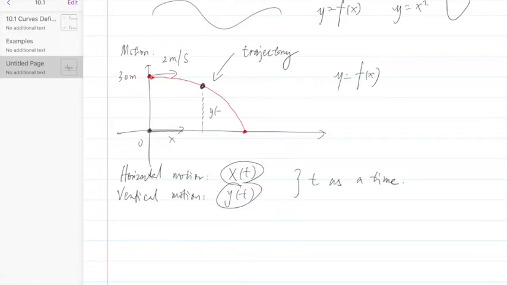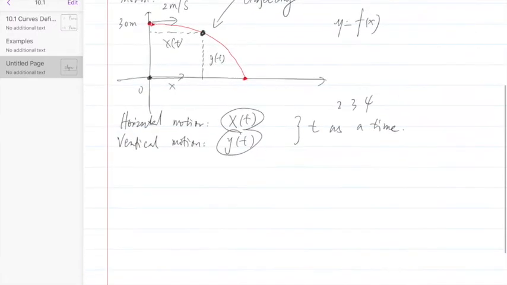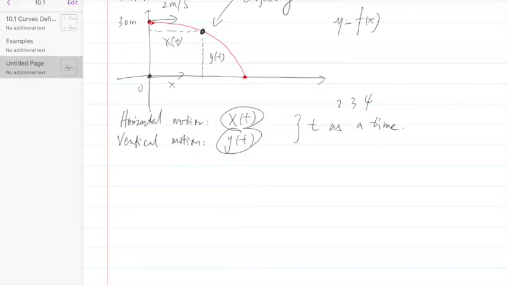So for any points on this trajectory, this is going to be a function of t, and this is going to be a function of t. If we know both functions in terms of t, that means if we plug in time equals 2 seconds, 3 seconds, 4 seconds, we will know what both x and y are. Therefore, we know where the point is. If we know it's for all t, we know the whole trajectory. You know all the formulas of the trajectory. Okay?